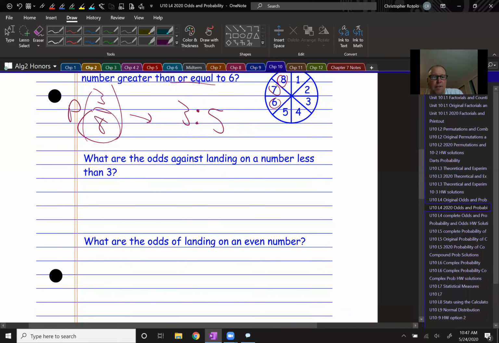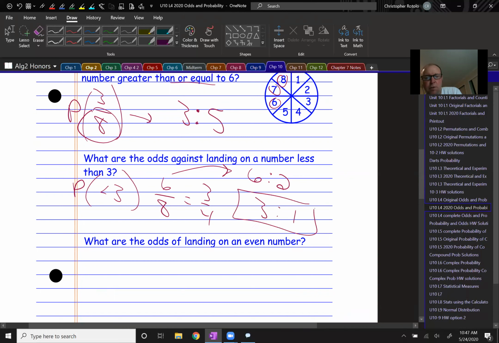All right, what are the odds against landing on a number less than 3? Okay, so probability, number less than 3. And so that means we're talking about 6 out of 8 or 3 out of 4. And so that means the very first one would be 6 to 2, which means we're going to make it down to 3 to 1.